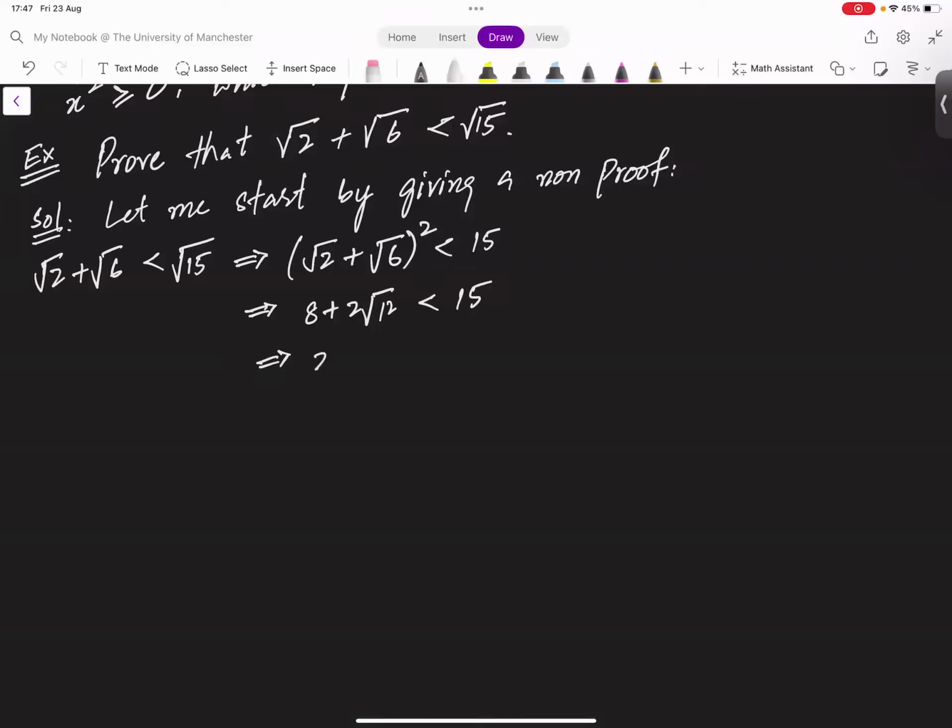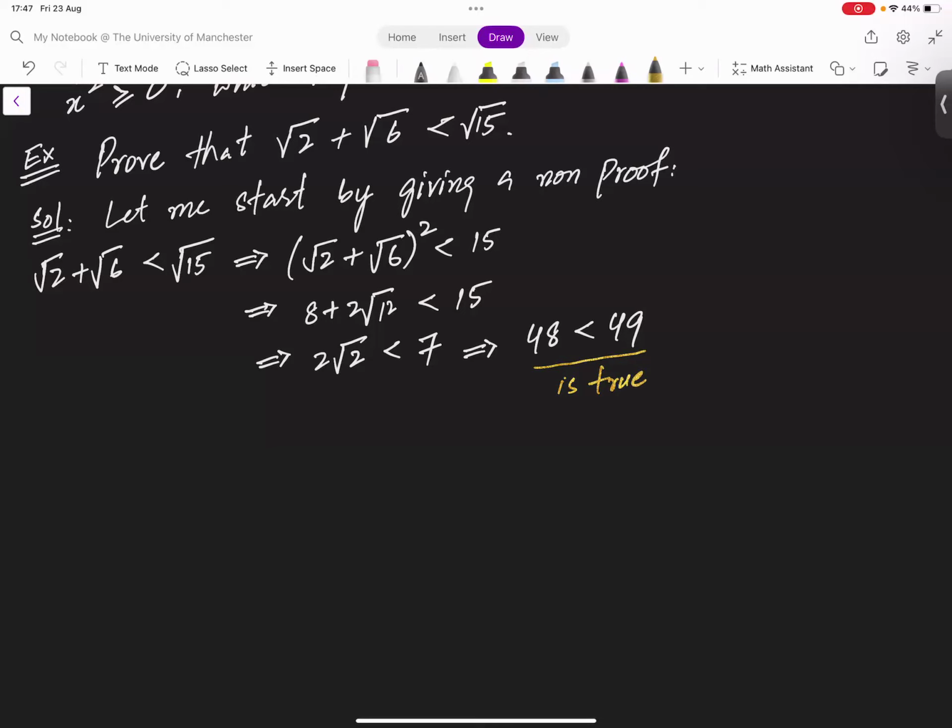Then 2 square root of 12 is less than 7. Then 48 is less than 49. Now the last statement is true.